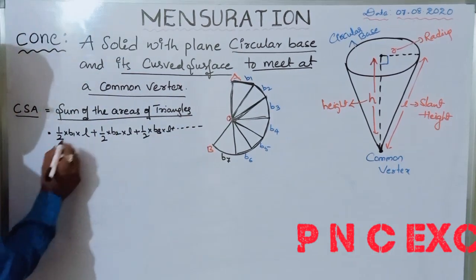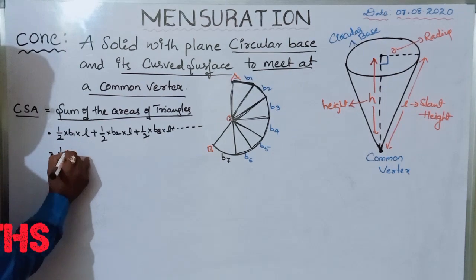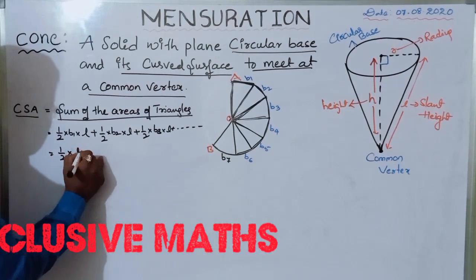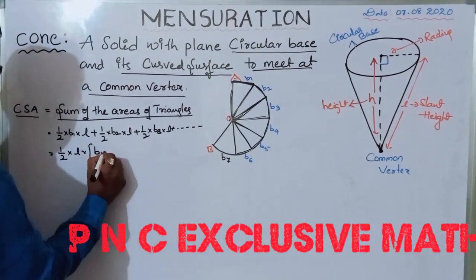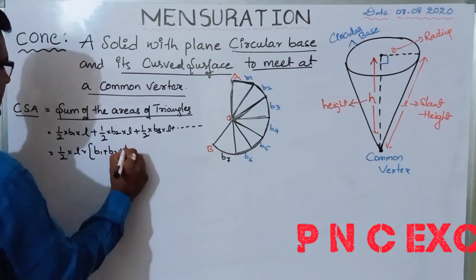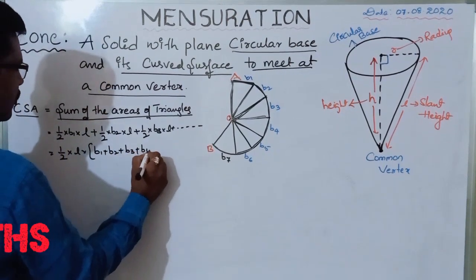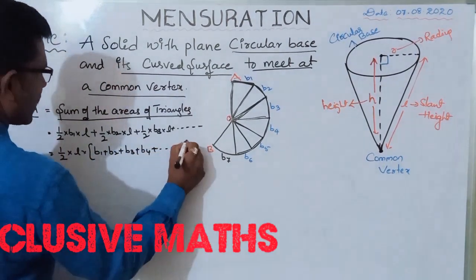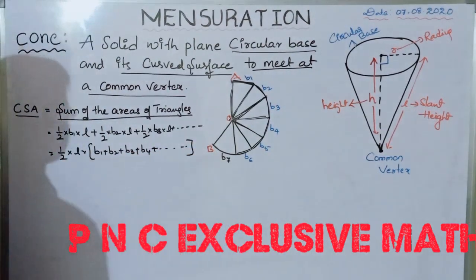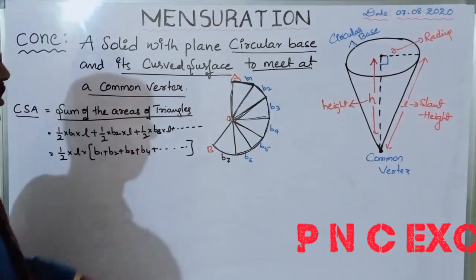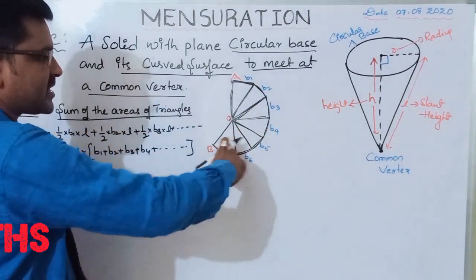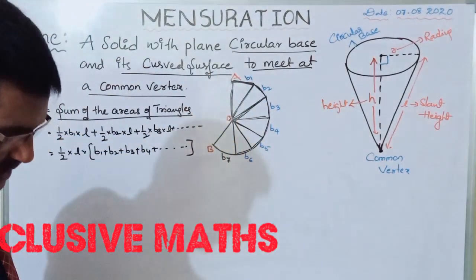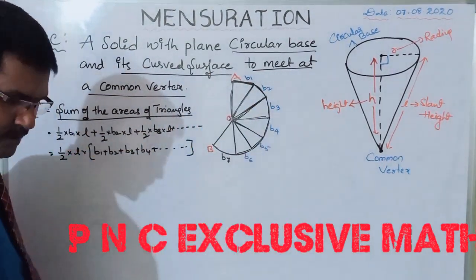Now we take out half into L as common, into B1 plus B2 plus B3 plus B4 and so on. Here B1 plus B2 plus B3 plus B4 is the circumference of the circle.